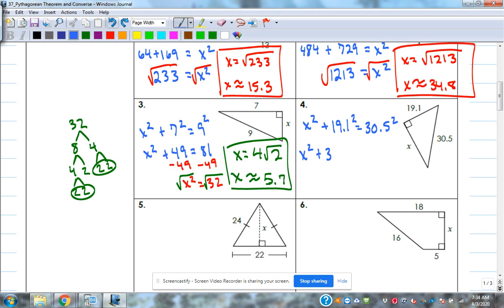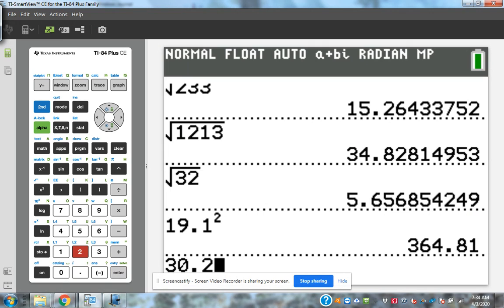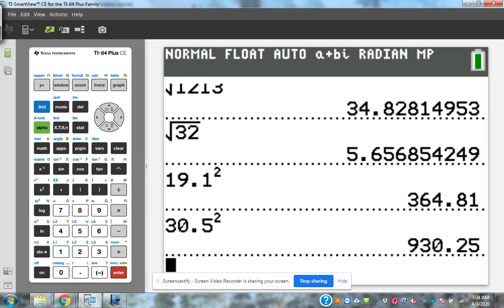19.1 squared is 364.81, and 30.5 squared is 930.25.